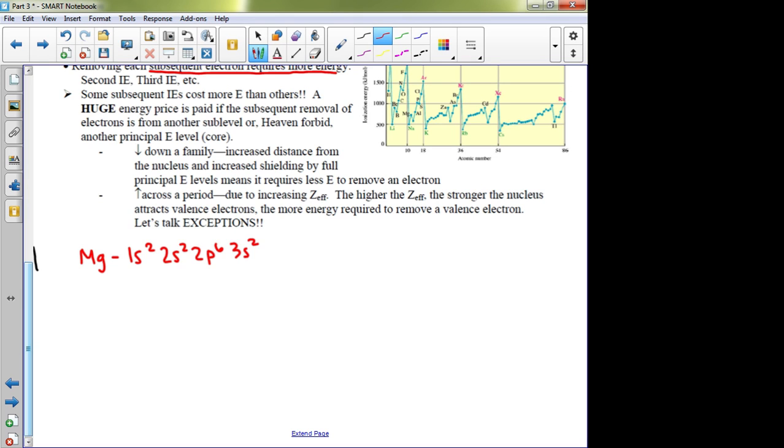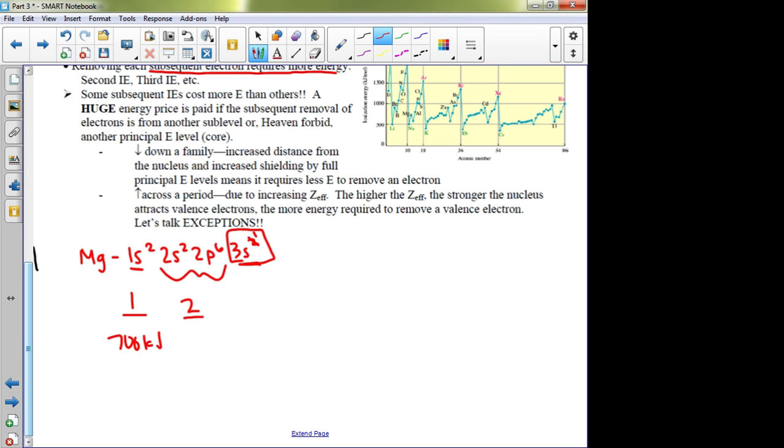2, right? Because this is the first energy level, here's the second energy level, this is the third energy level. So it's got 2 valence electrons. So let's say the first electron I remove costs me 700 kilojoules of energy. Now I'm at 3s1. Then I go back and remove a second electron.